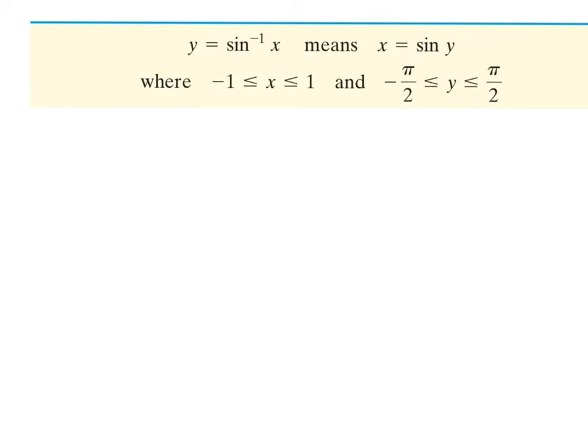So for y equals sine inverse of x, the domain is from -1 to 1, and the range is from -π/2 to π/2. And y equals sine inverse of x means x equals sine of y, so you flip the x's and the y's.